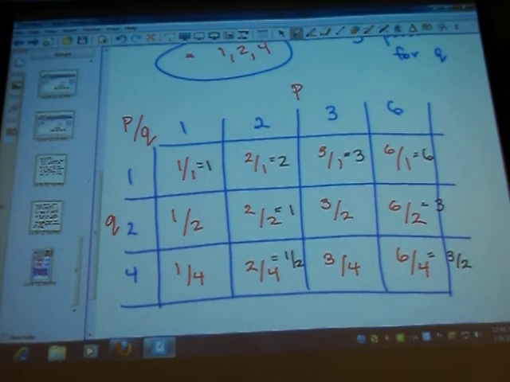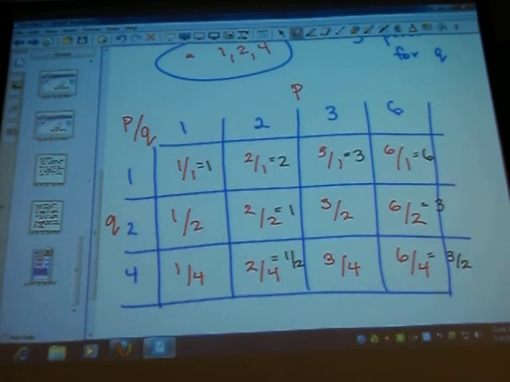Cool. Everybody with me with how we did the grid? That makes it a lot easier to not miss anything. Okay, so reduce them and then cross out the duplicates because you don't need any duplicates.